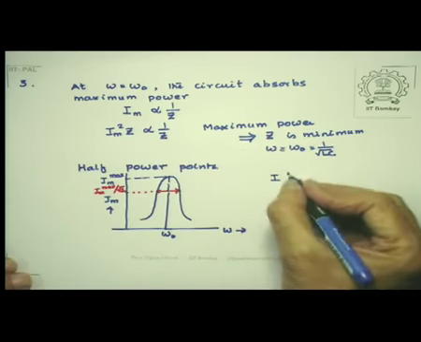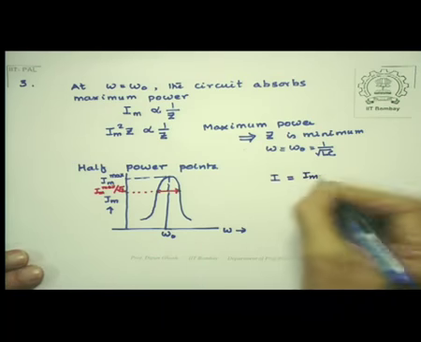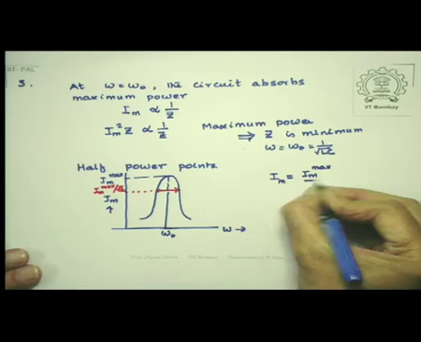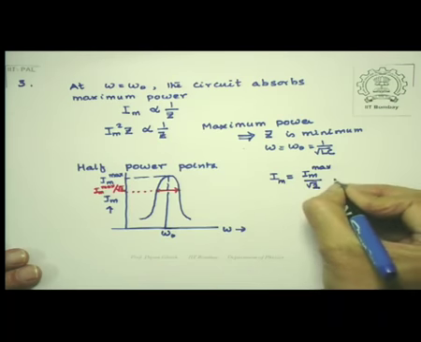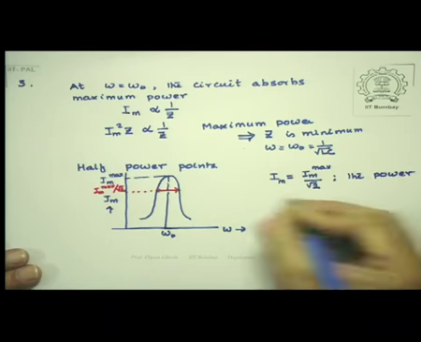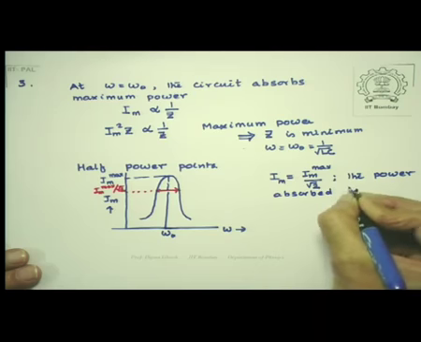So therefore Im is equal to Im max by square root of 2. The power absorbed is half the possible value.